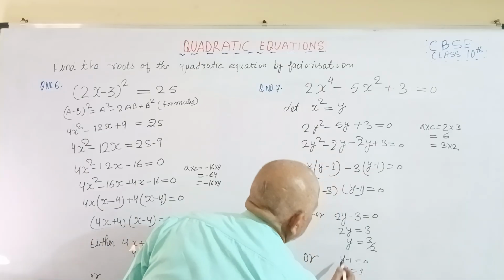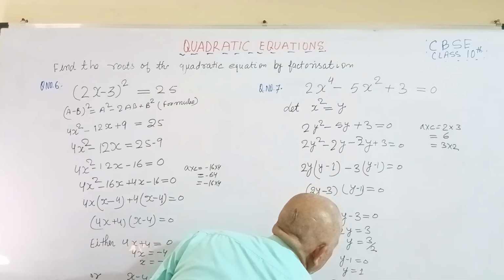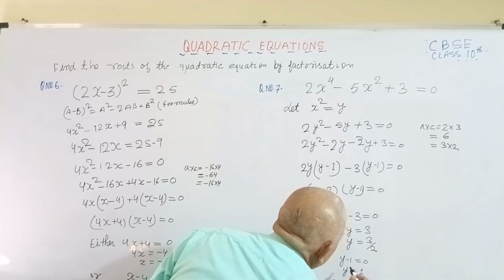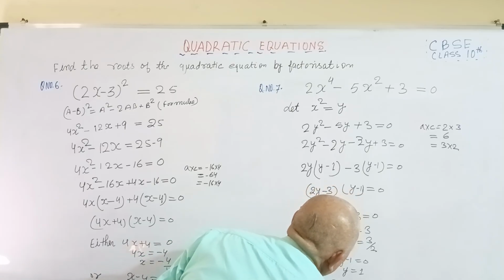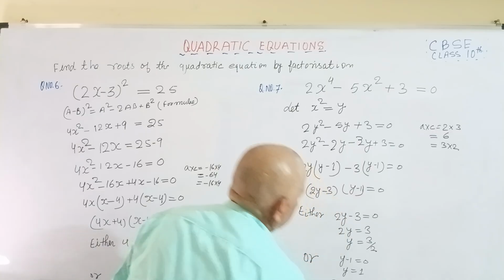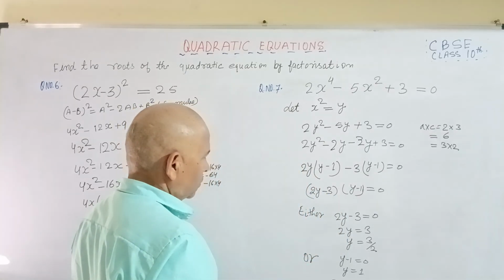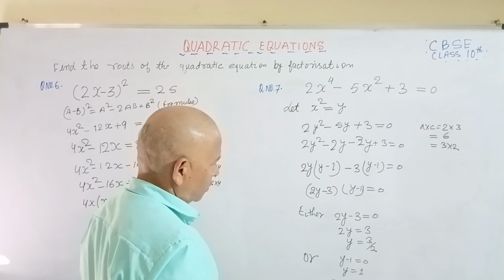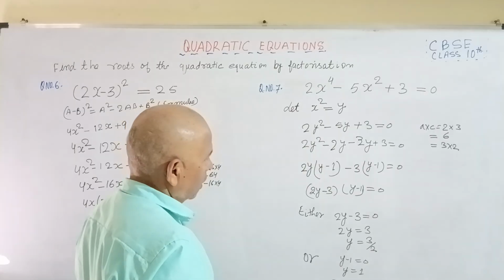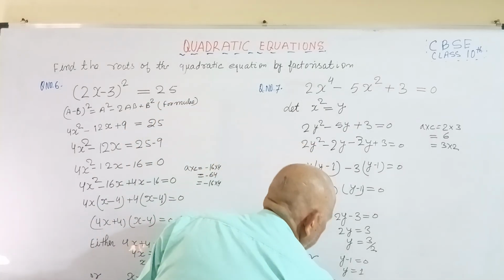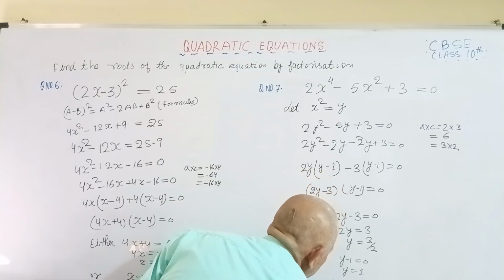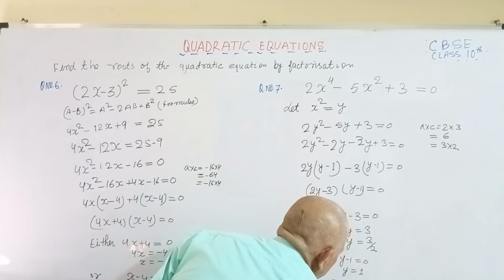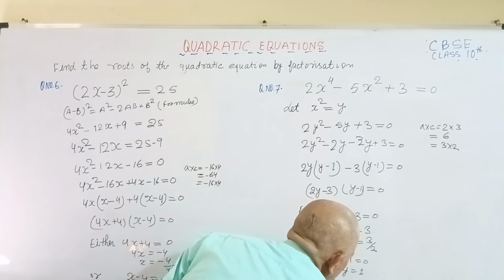So x square becomes 3 by 2, and the value of x will be plus minus root 3 by 2.